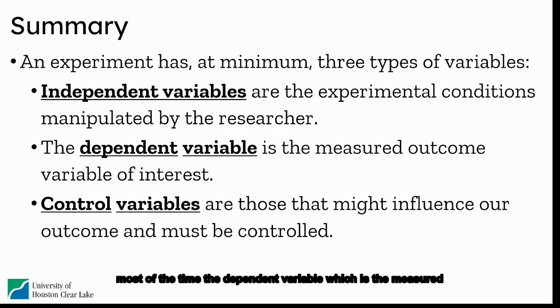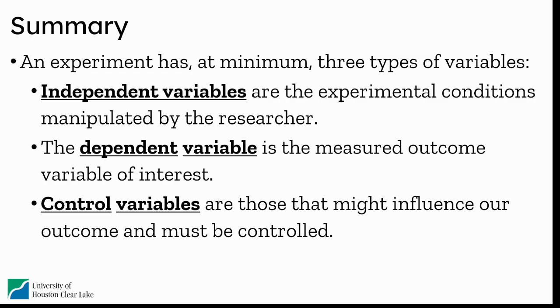The dependent variable, which is the measured outcome variable of interest. It's responding to the independent variable. And then we're going to be aware of control variables. Those are things that might influence our outcome, so we need to control for them so that we can truly attribute whatever is being discovered as a relationship to that independent variable.